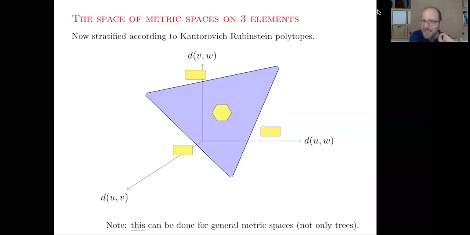But the question is: take two metric spaces. They have different tight spans. Do they also have different polytopes? Or maybe they can have the same tight span but different polytopes. They can have different polytopes but the same tight span. This is, at this moment, not fully clear.